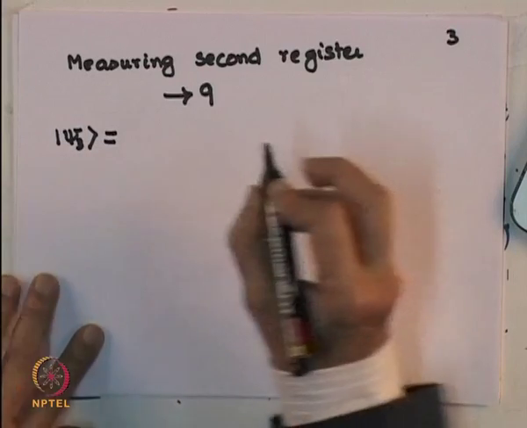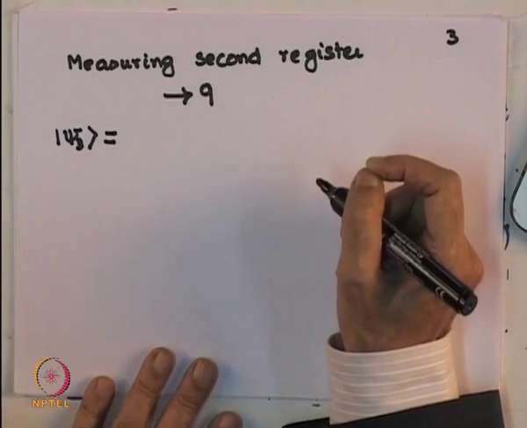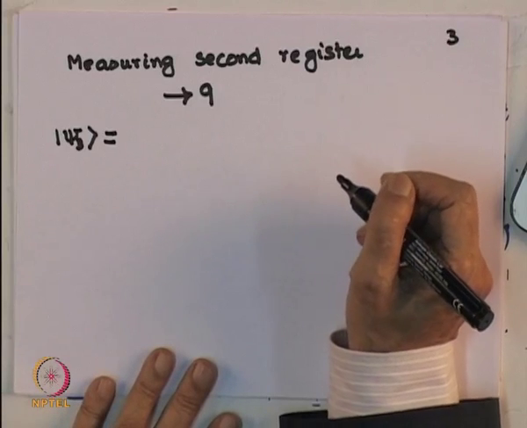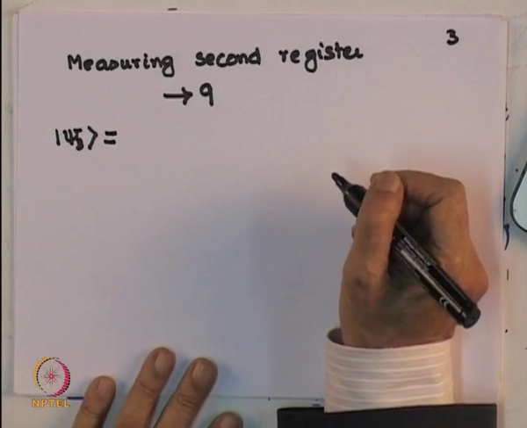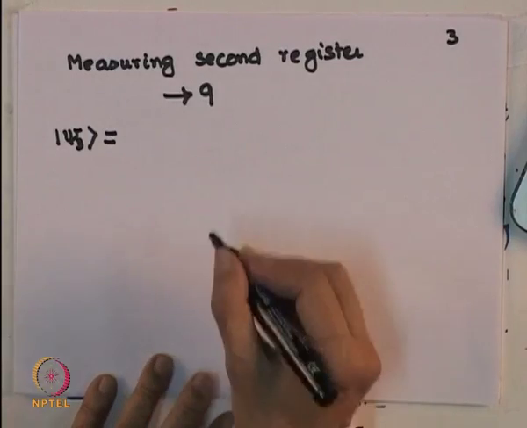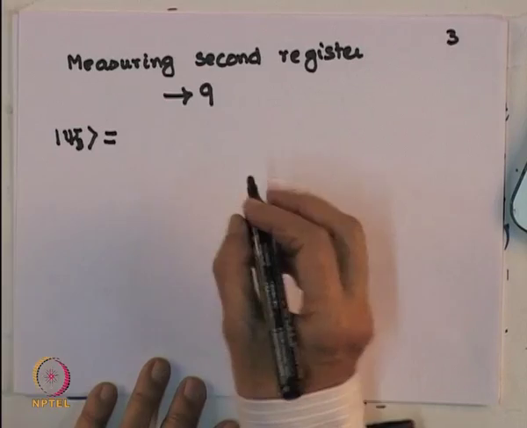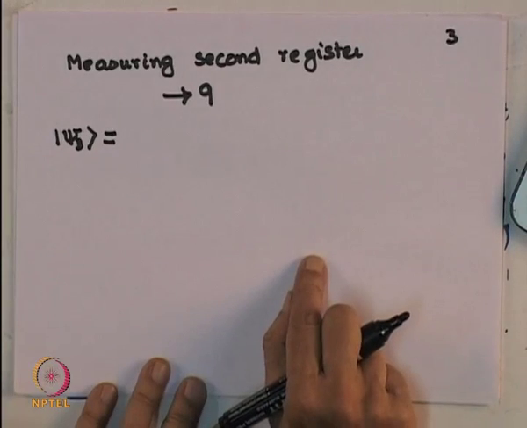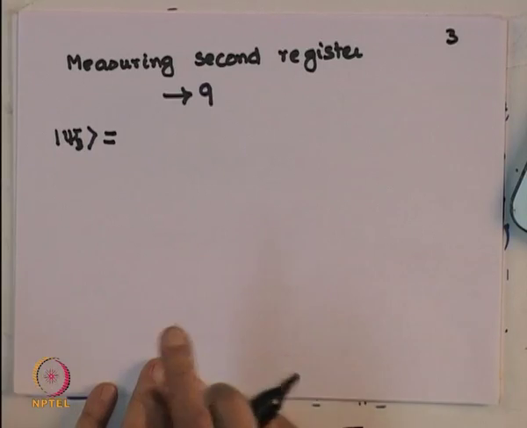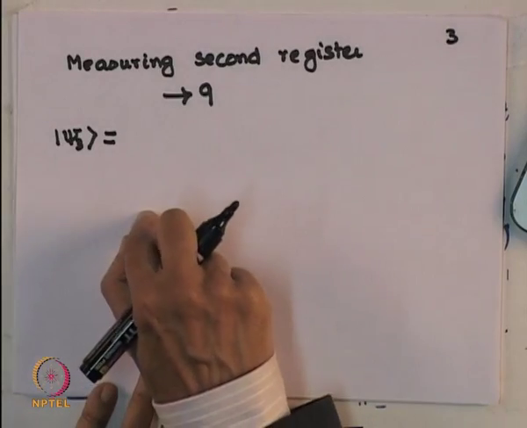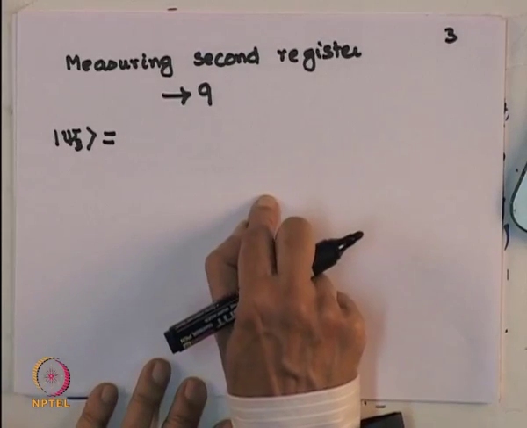Since I have made the measurement of the second register, I have to actually count how many times 9 appears there. Now this is not too difficult. See, what we have are 4096 states there, starting from 0 to 4095. Now in that case, I get the 6th one, the 26th one.